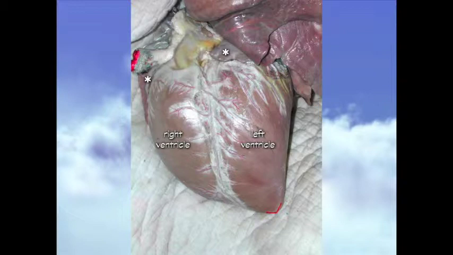So we have the right ventricle narrowing down here as it comes up to the pulmonary trunk. This narrowing here is known as the conus arteriosus, and since this groove here is adjacent to the conus, it is the paraconal interventricular groove.